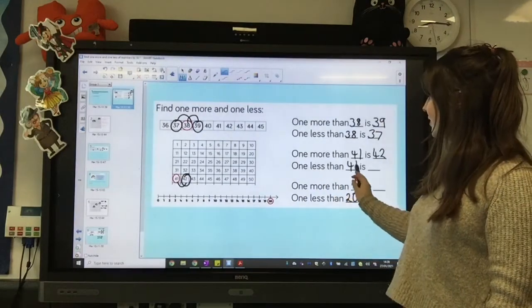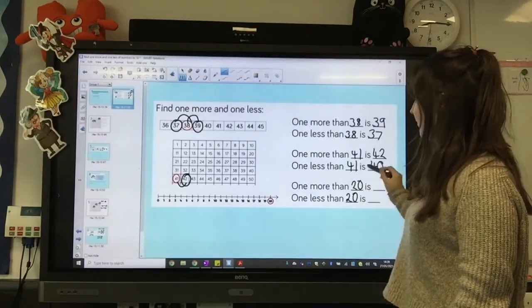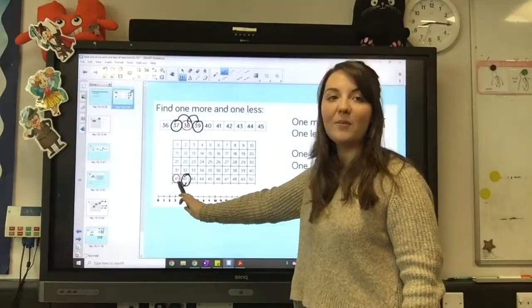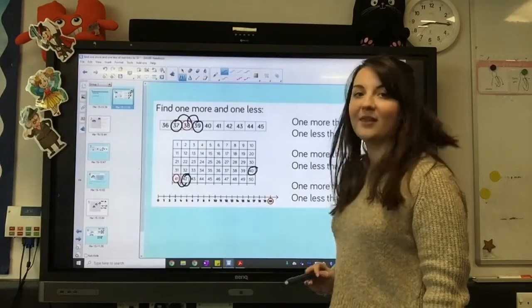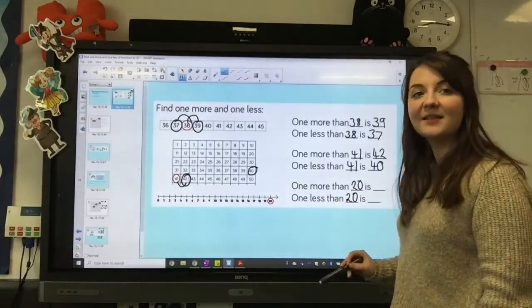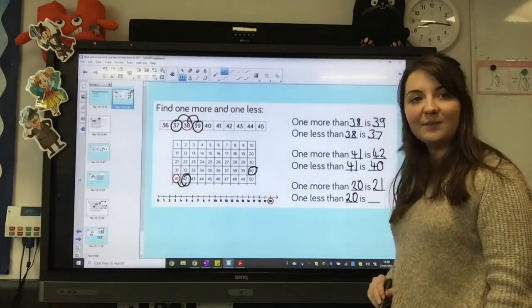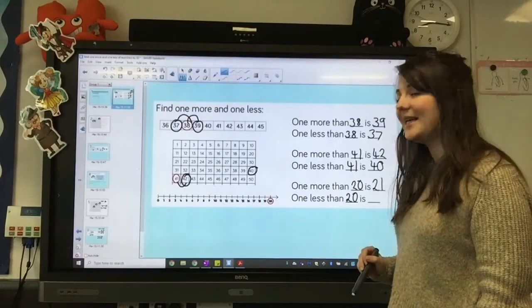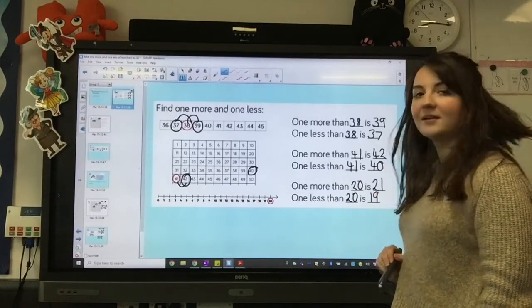One less than 41 is 40. So on my 50 square, I'm jumping back that way. One more than 20 is 21. One less than 20 is 19.